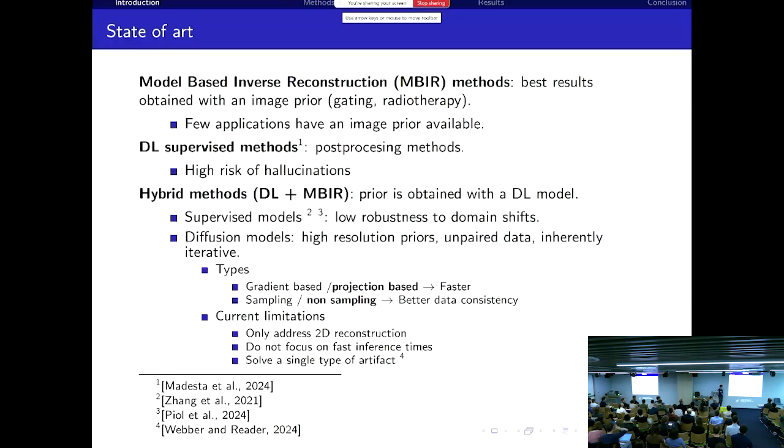As for current limitations of some of the works that we have seen in the literature, most of them do not accomplish one of these conditions. Some of them only address 2D reconstructions, or they do not focus on fast inference times, or on some occasions they only focus on a single type of artifact.